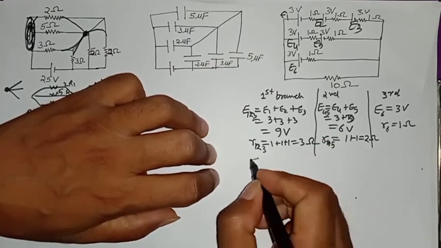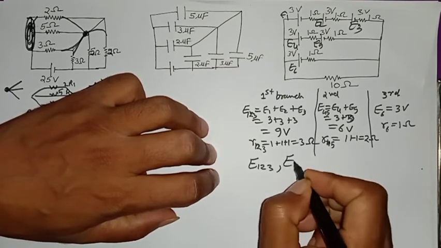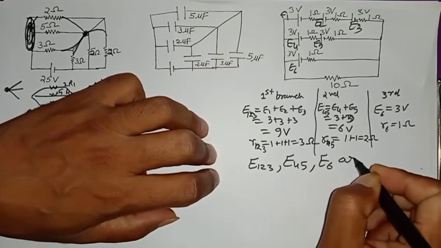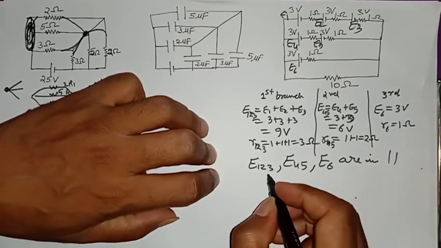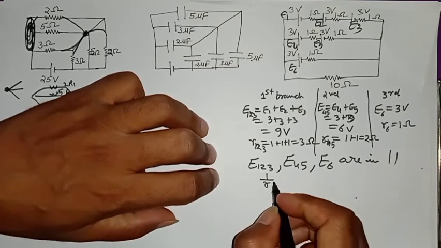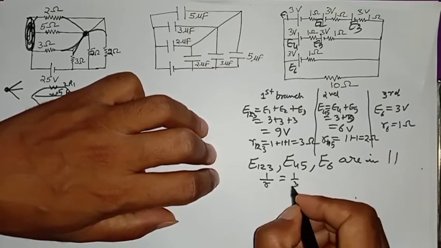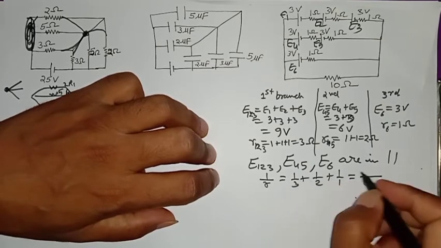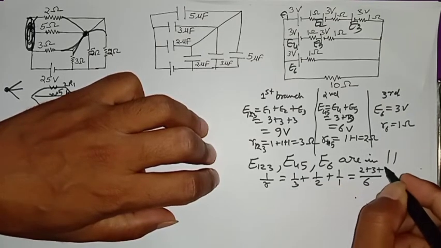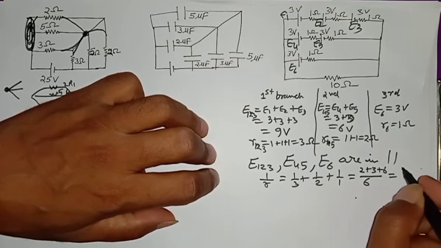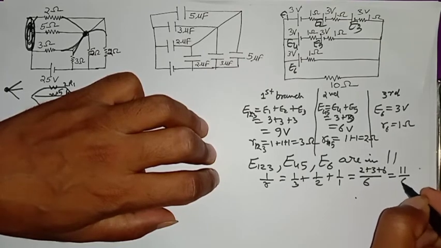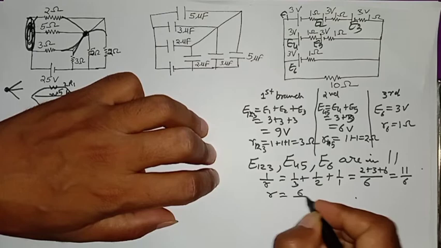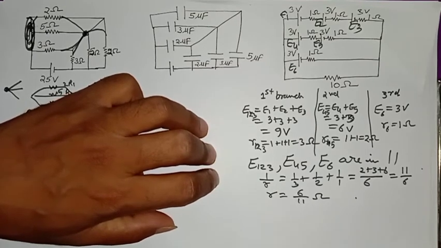So now E1, 2, 3, E4, 5, E6 are in parallel. So first we will find their equivalent internal resistance, that is 1 upon R equal to 1/3 plus 1/2 plus 1/6, 11 by 6, R equal to 6 by 11 ohm.